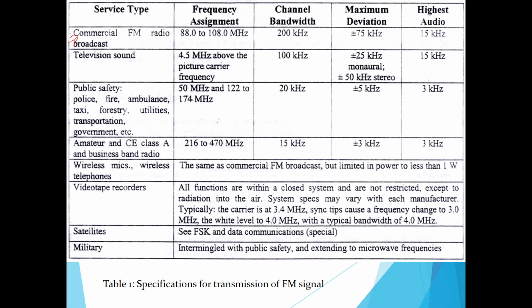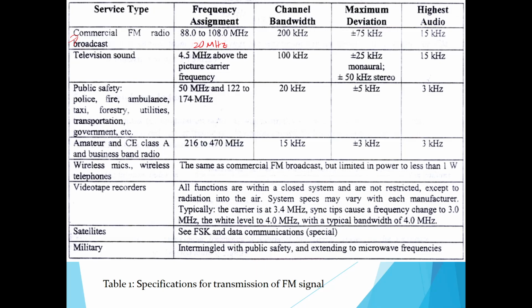So within that specific band, 88 until 108, this is around 20 megahertz of bandwidth. Okay, 20 megahertz of total bandwidth, which can accommodate many radio stations in a given area.